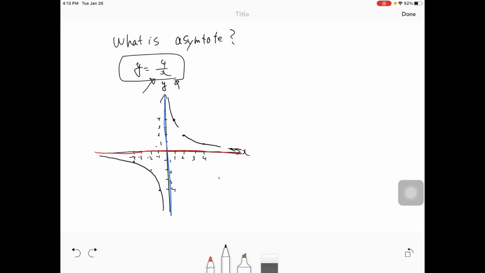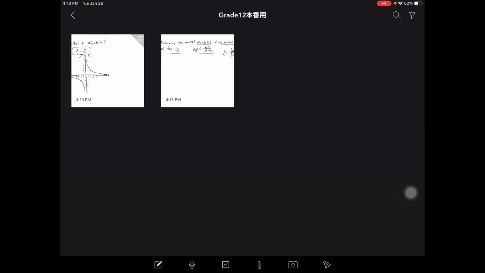The graph can cross some lines, but the line that it can only get close to is called an asymptote. Okay? The red one is the horizontal asymptote. The blue one is called the vertical asymptote. Okay?